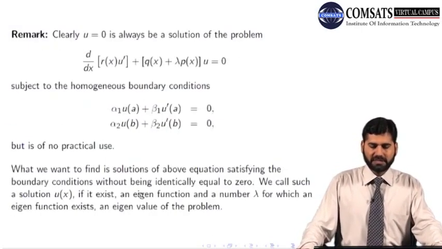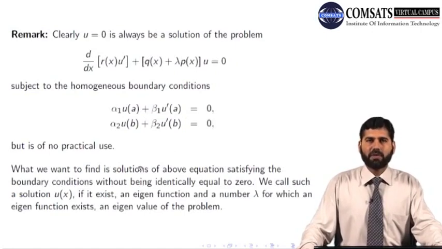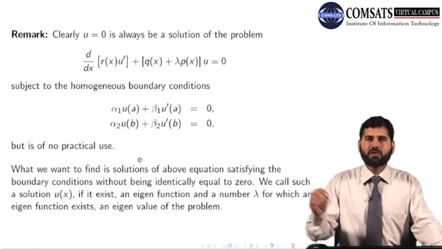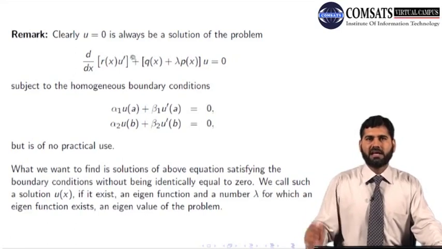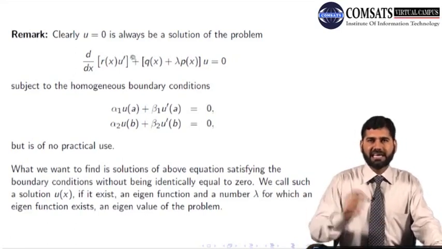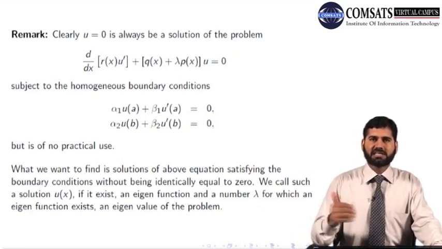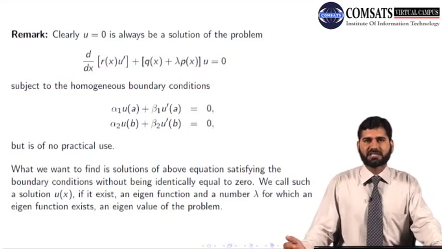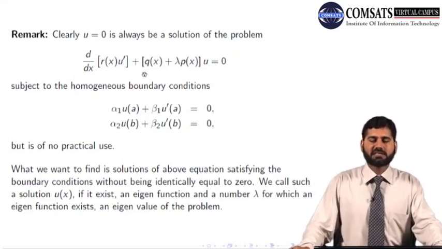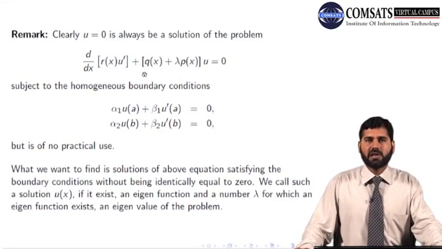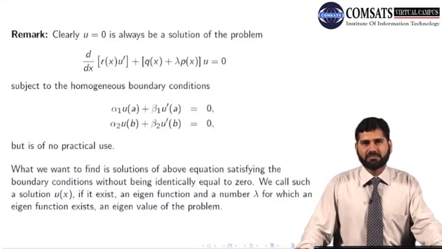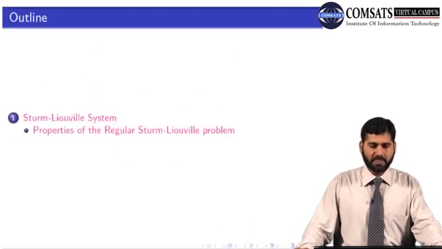So whenever we cope with the SL system, we look for the non-trivial solutions and we look for the eigenvalues that give you the non-trivial solutions. So basically we look for eigenvalues and eigenfunctions of the SL problem. That's why sometimes it is called the Sturm-Liouville eigenvalue problem. So let's see some properties of the Sturm-Liouville eigenvalue problem.